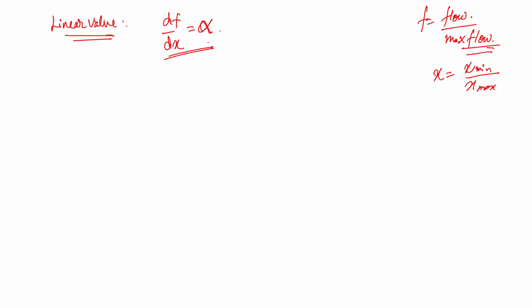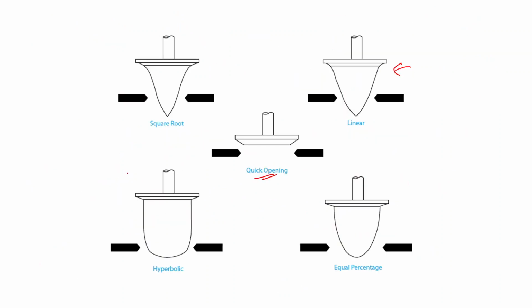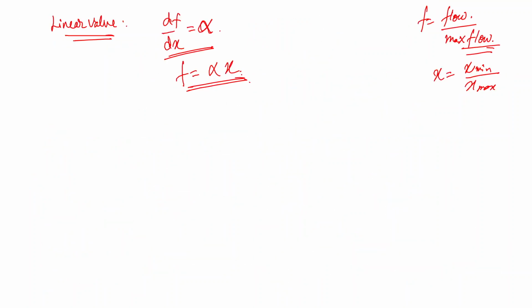This is how we define the linear valve, and if we integrate it, we can write that f is equal to alpha x. That is basically how we get this equation, f of x is equal to x. Over here the slope is 1, and in our case the slope will be alpha, but they will be varying linearly.